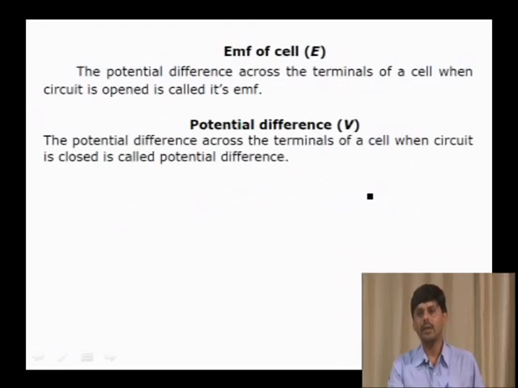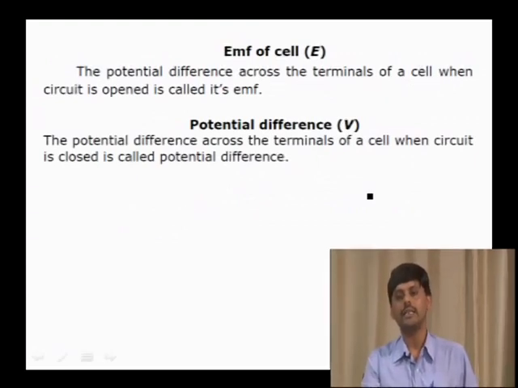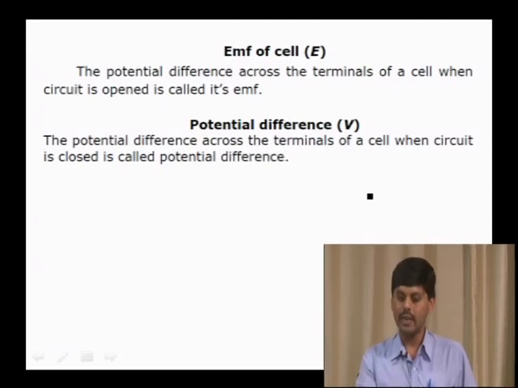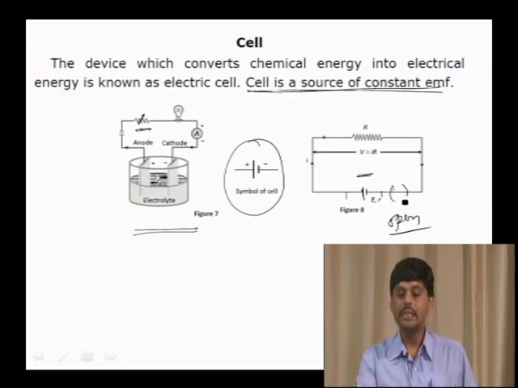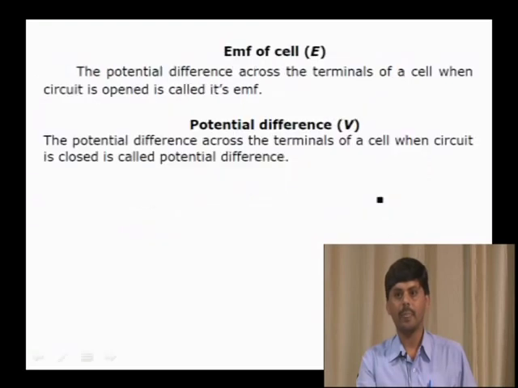Next, terminal potential difference. It is the potential difference across the terminals of the cell when the circuit is closed. If the circuit is closed and we measure the potential difference across the cell, then we refer to it as the terminal potential difference.